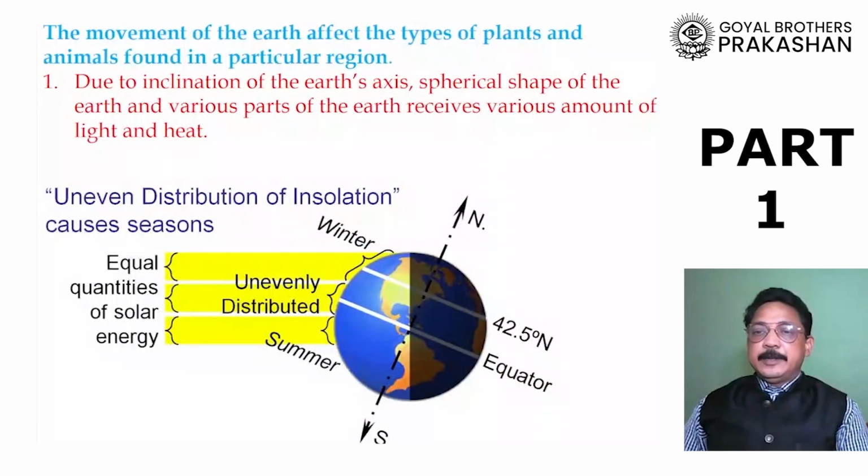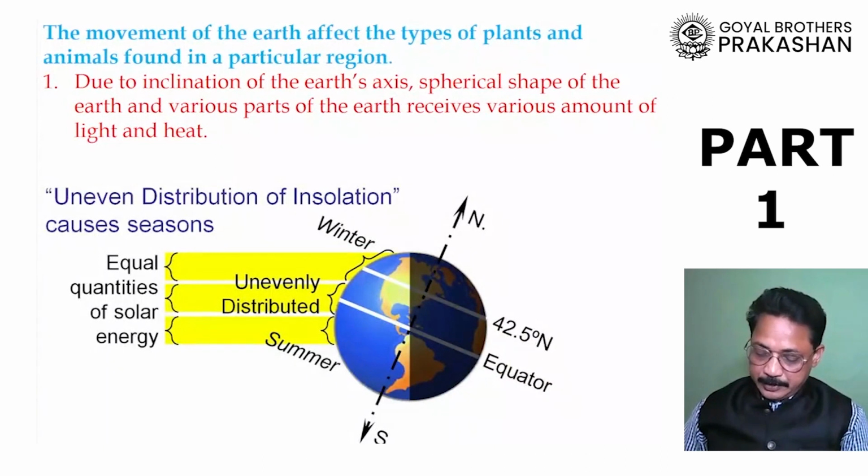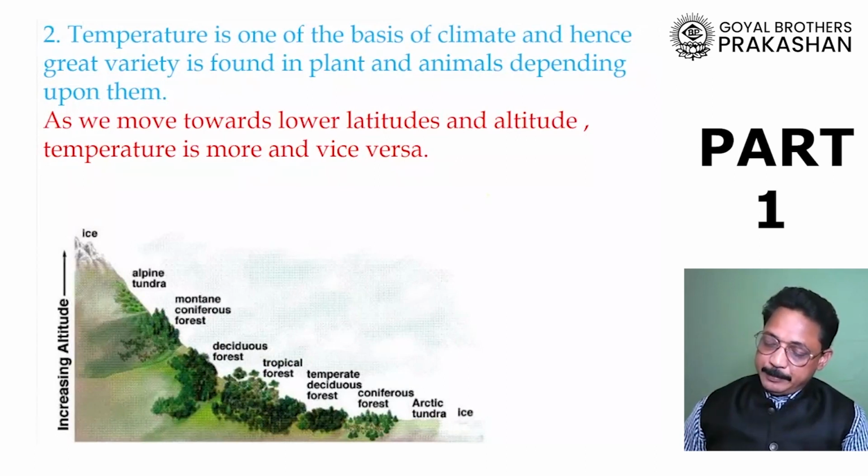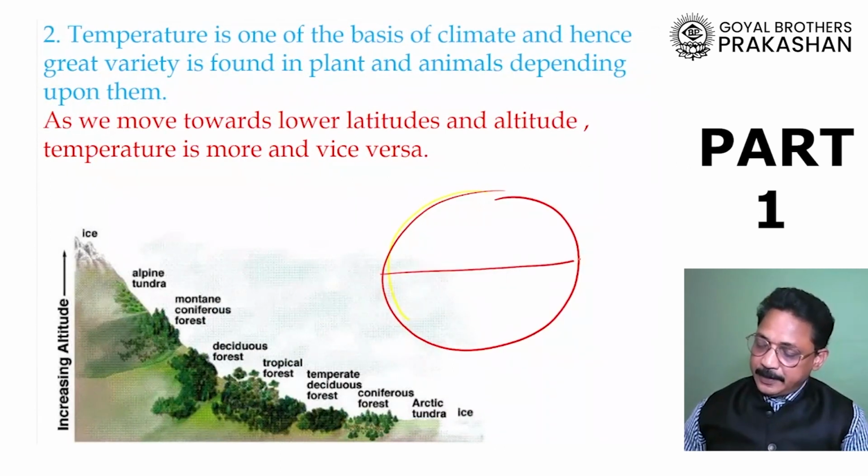Remember, dear student, depending on temperature, we find variety in plant and animal life. For example, if I draw here the earth and the equator, as I move away from the equator, temperature decreases.